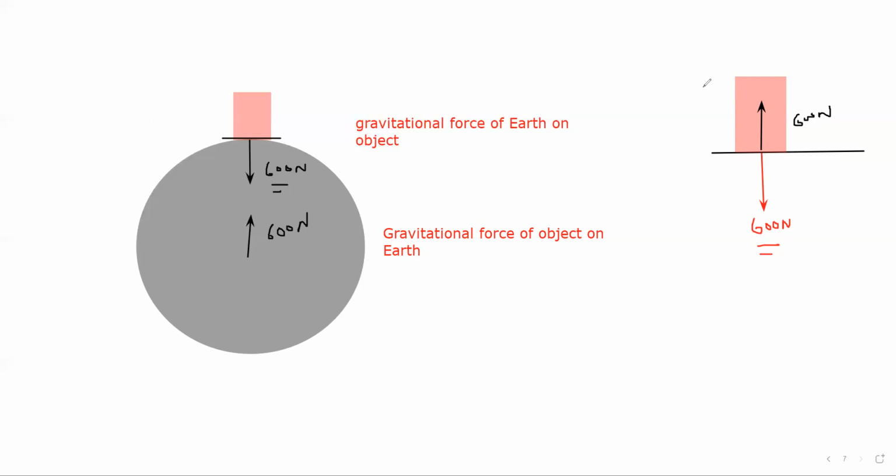But how do we explain, for example, if you want to jump on the surface of the Earth, how are you able to jump? It's a simple concept. This is the Earth and you're standing on the Earth. Your weight, for example, is 600 Newton. So a 600 Newton force is downward, and you are also pulling the Earth with the same 600 Newton.